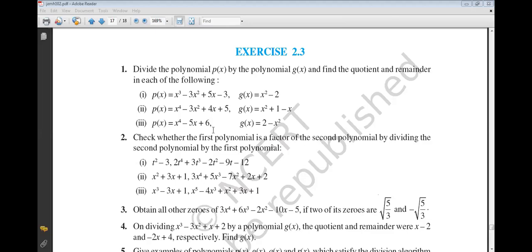You all have to perform this. The question is: 2t raised to power 4 plus 3t cube minus 2t square minus 9t minus 12 has to be divided by t square minus 3. Perform this in your book and see whether you get a remainder 0. So up till now we have covered exercise 2.3, question 1 and question 2.